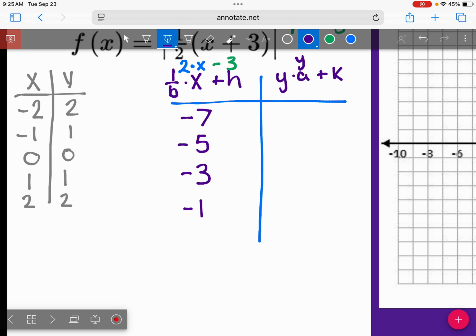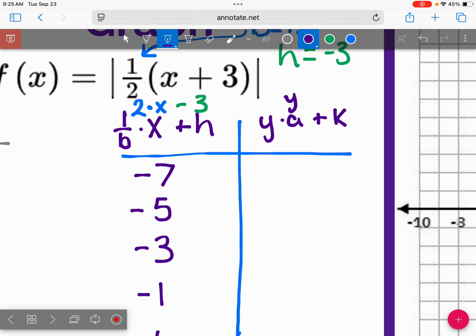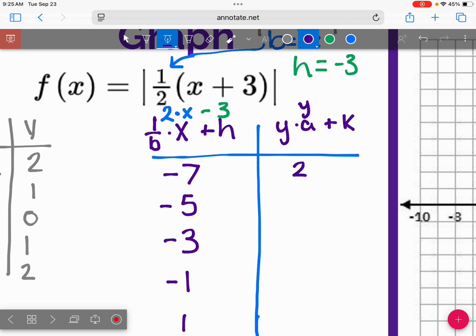And 2 times 2 is 4, -3 is +1. So we've got our new X values here. Our Y times 1 plus 0 means these are going to be exactly the same with our 2, 1, 0, 1, and 2.